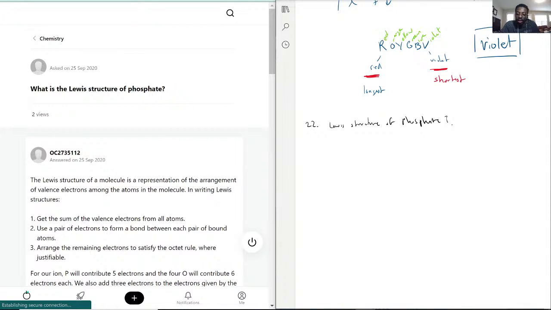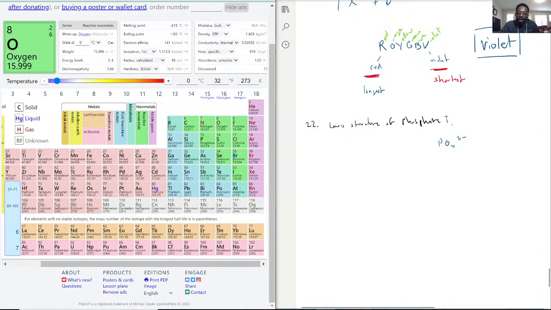Phosphate is PO4 3 minus. The math makes sense: if you go to the periodic table and count the electrons, -2, -8, +5, +5, so we have in total 3 minus.